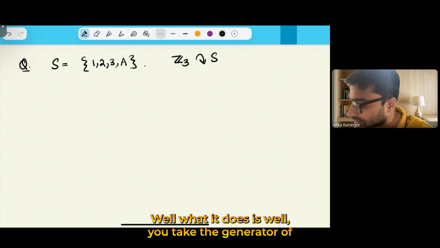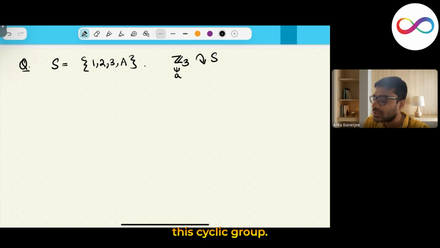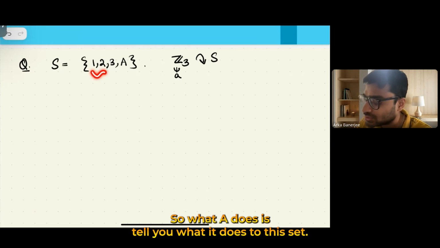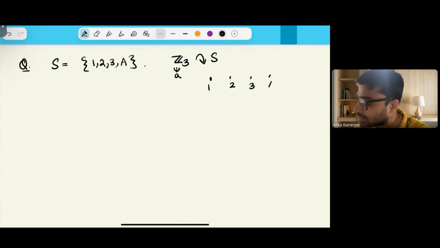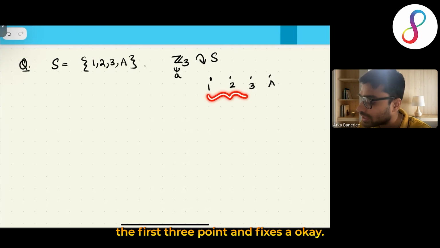Well, you take the generator of this cyclic group, A. I have to tell you what it does to this set. So I have 1, 2, 3, A. What A does is cyclically permute the first 3 points and fix A.